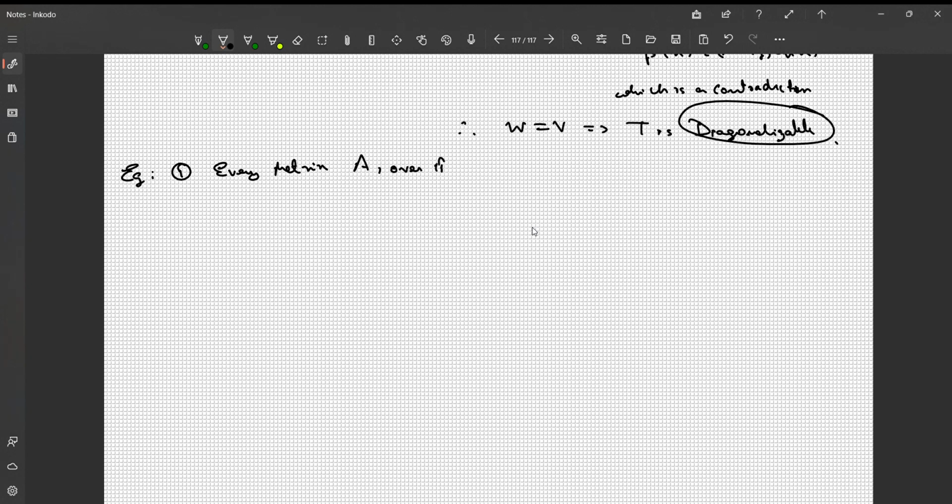Okay. So the example is as follows. Every matrix A over R satisfying the relation A squared equal to A is diagonalizable.